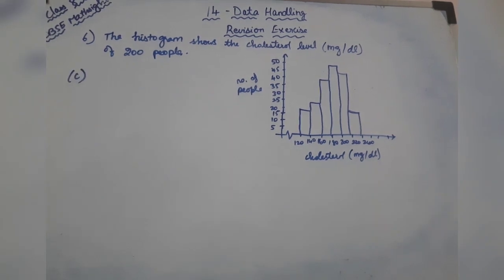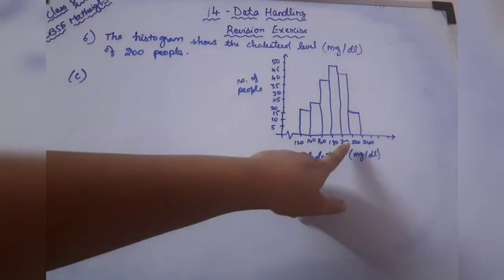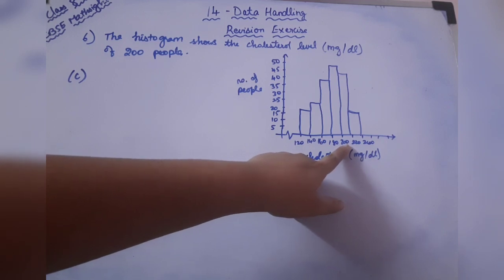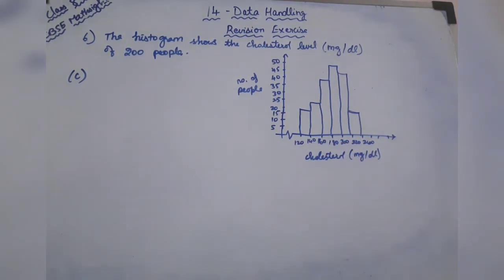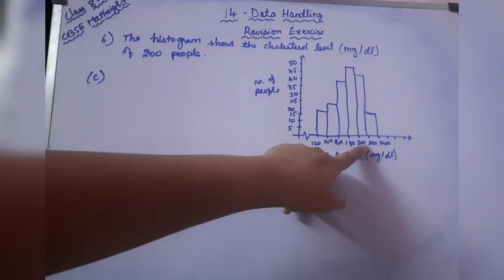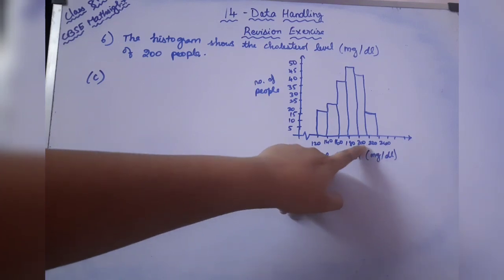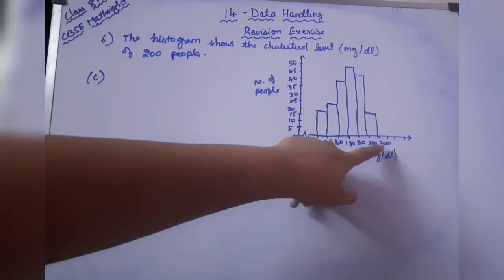Option C: if the desirable cholesterol level is less than 200 mg per dl, then how many people have crossed the limit? Express as a percentage. We have 200 over here, so we check how many people have crossed the limit, which means the intervals 200 to 220 and 220 to 240.